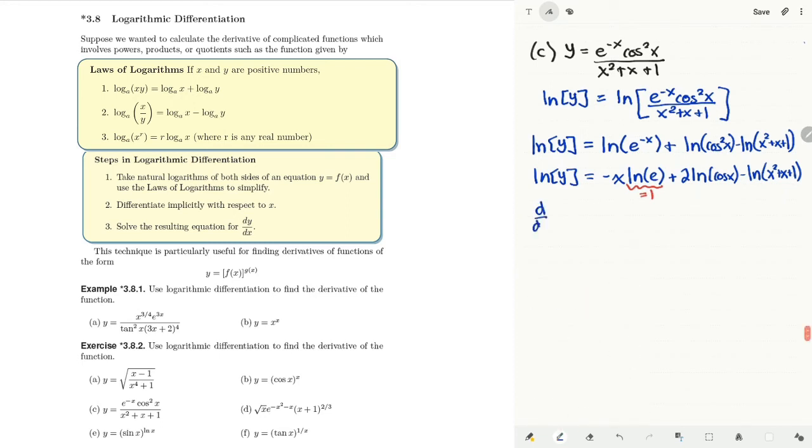So now let's take the derivative of both sides with respect to x.